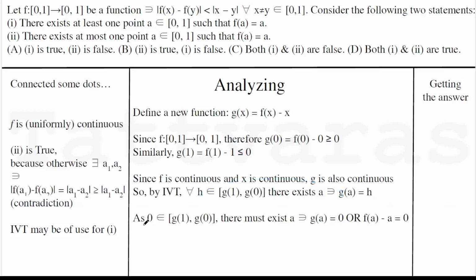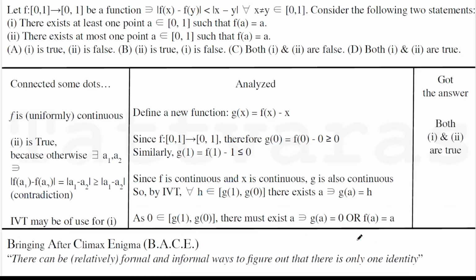You would have 0 in the range of values that g can take because of this thing that we have over here. So this interval formed by these 2 points has to have 0, which means you will have a point in the domain of g, which by the way is the same as the domain of f, such that g(A) equals 0. And hence you have this, and you are done. You have that point. Hence you have the answer.